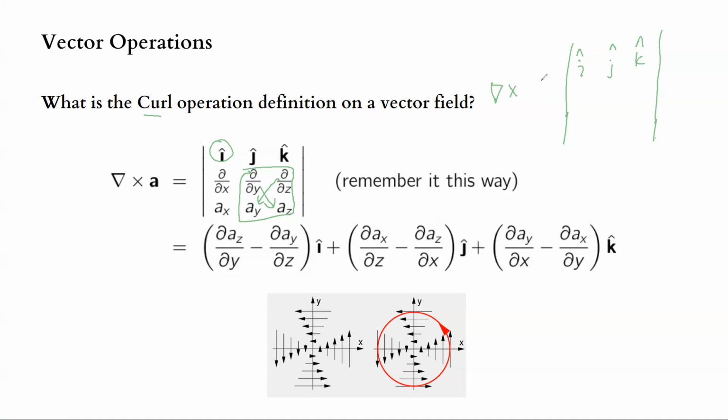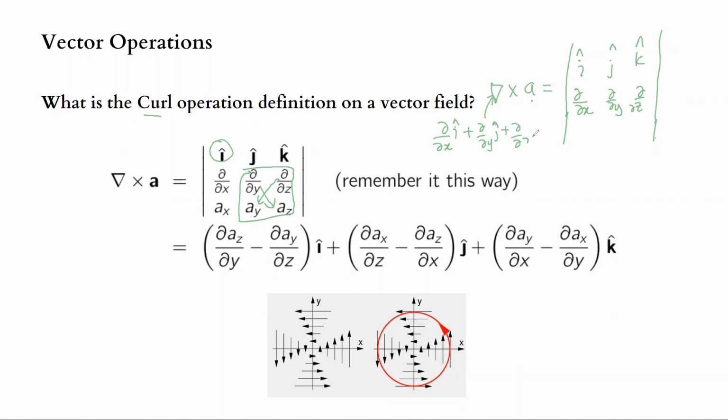The determinant operation of this cross product between the grad operation and the field that we are considering is taken by taking del over del x, del over del y, del over del z components, right? Which is defined by this line.